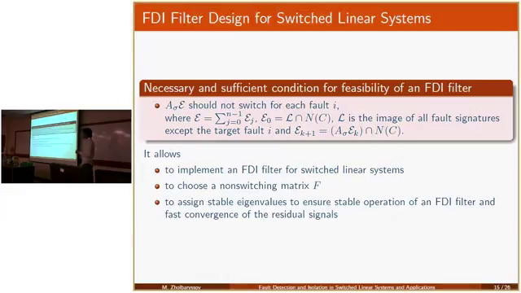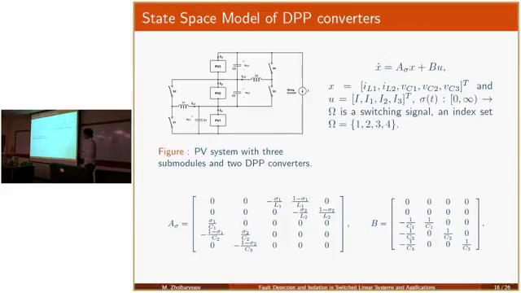And this condition allows us to implement an FDI filter for switched linear systems, choose a non-switching matrix F, and assign stable eigenvalues to ensure the stable operation of the filter and ensure the fast convergence of its residual signals. Any questions?